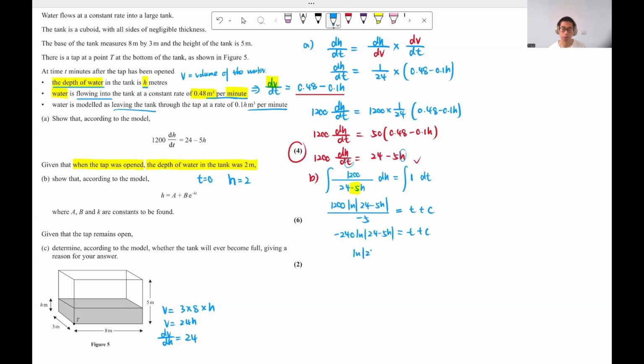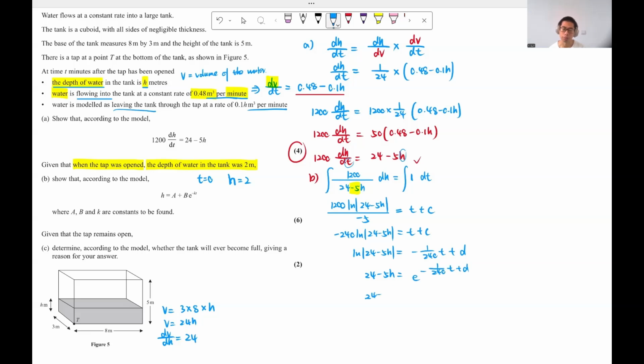So then ln of 24 minus 5h equal to negative 1 over 240t plus c divided by anything, which is still some constant. Let me just use d to represent it. So then 24 minus 5h equal to e to the power of negative 1 over 240t plus d.